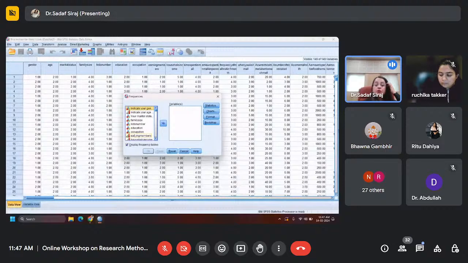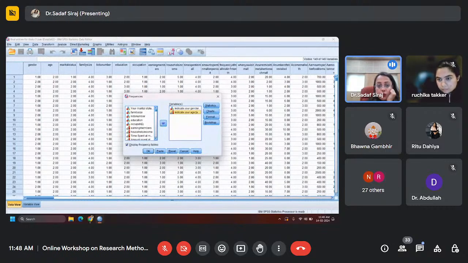So I want to know the gender wise profile of the respondents. You need to click the particular question you want the analysis of. I click on it, and then I click on the arrow, and it goes there. Please try to do it. I want to know the age bracket of the respondents. I click on it, I do it here, age wise.